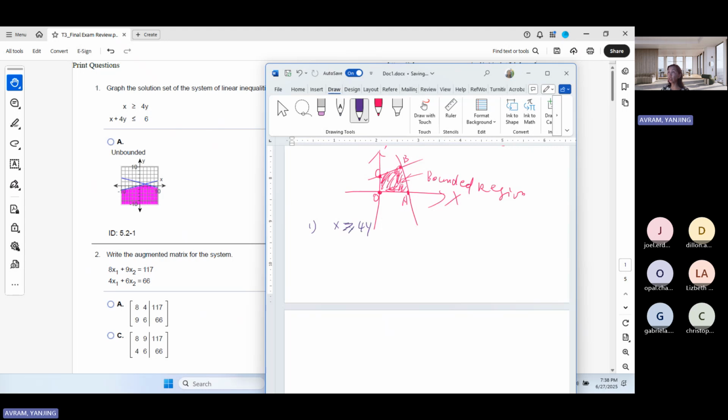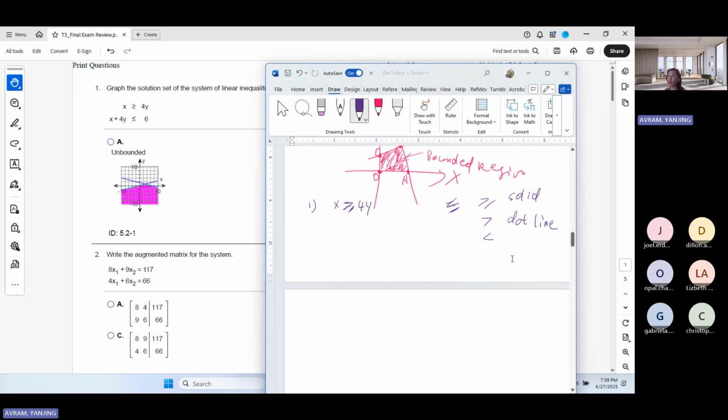When you have an equal sign, you are using a solid line. If you don't have an equal sign, you're using a dotted line. So if you have greater than or equal to, or less than or equal to, use a solid line. If you just have greater than or less than, you use a dotted line. Those are things about the graphing part that you do need to know.